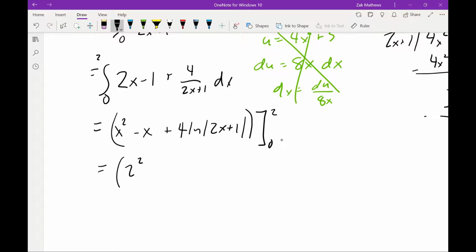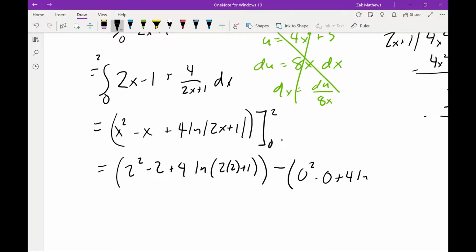So we'll have 2 squared minus 2 plus 4 times the natural log of 2 times 2 plus 1, minus 0 squared minus 0 plus 4 times the natural log of 2 times 0 plus 1.